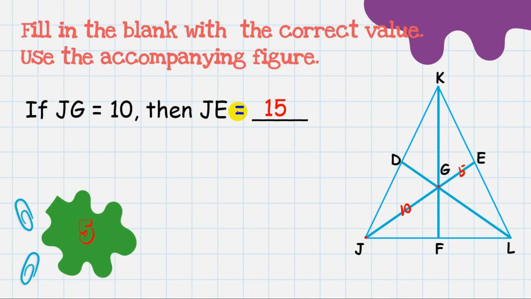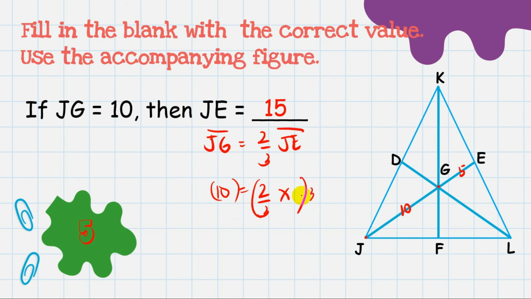Okay? Or, pwede naman natin gamitin yung formula again. Ang JG ay equal sa 2/3 ng JE, at ang JE yung nawawala. So, using this equation, ganyan yung mangyayari dyan. Assume natin na yan ay x. Multiply both sides by the LCD. Ang LCD natin ay 3.